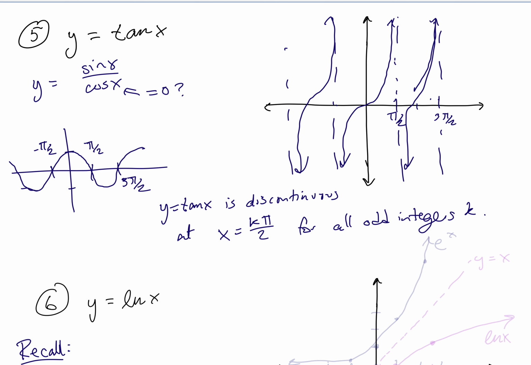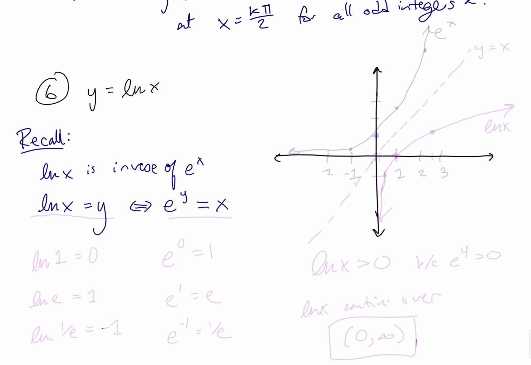And our last example is y equals natural log of x. So remember that natural log of x is the inverse of e to the x, and natural log of x is equal to y if and only if e to the y is equal to x. So let's just first think about the graph of the function e to the x, because I think that's sort of easier to think about.